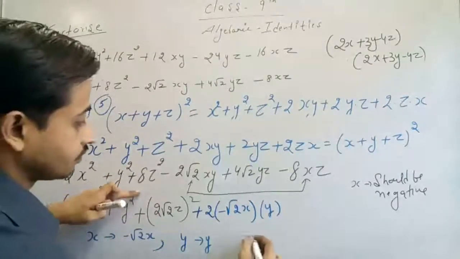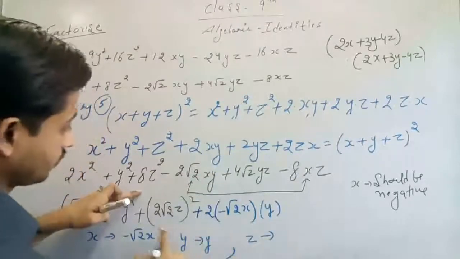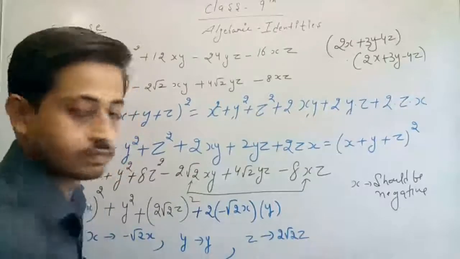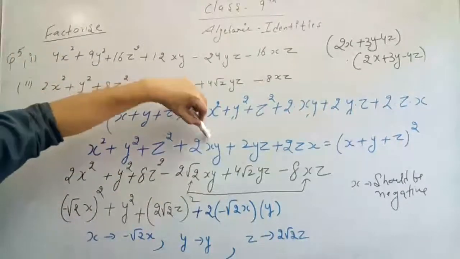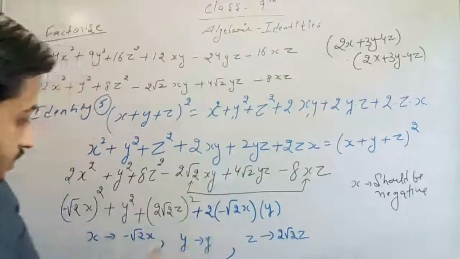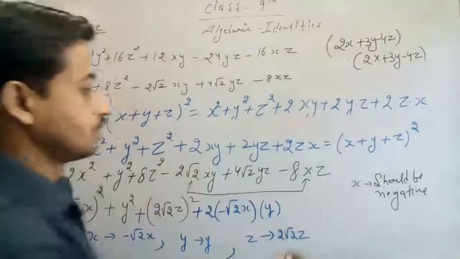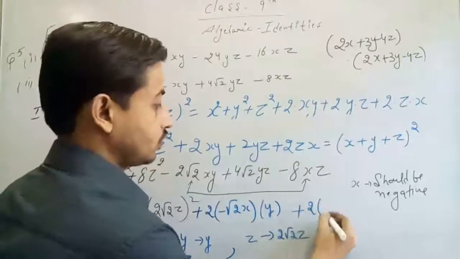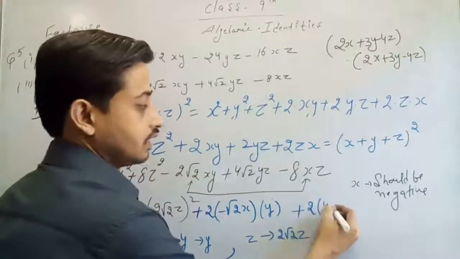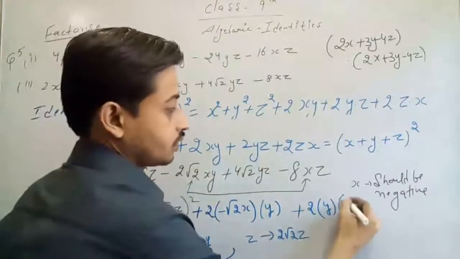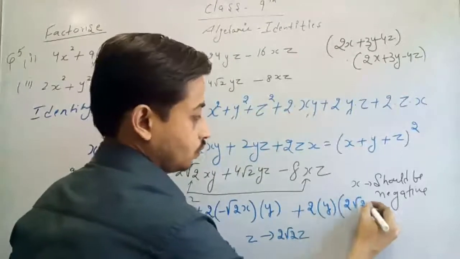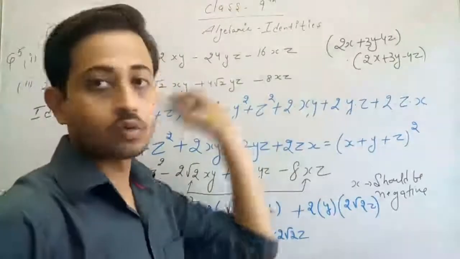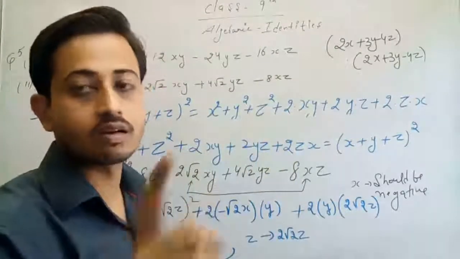Now compare z. z is 2 root 2 z. So I am applying 2xy, 2 into x into y, plus 2yz. 2 into y is y and z is 2 root 2 z. So I am going to rub this upper part, so please make a note first.